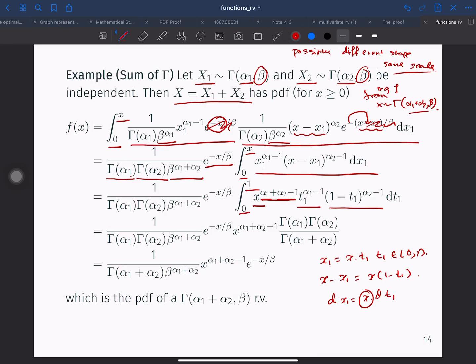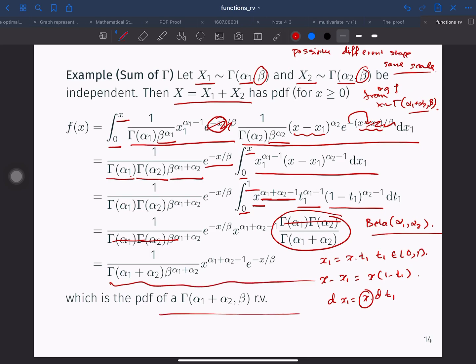But this is nothing more than the beta integral. So this is simply beta of alpha 1, alpha 2, as we saw before. And some simplification yields this, which is nothing more than, once again, the PDF of a gamma random variable.